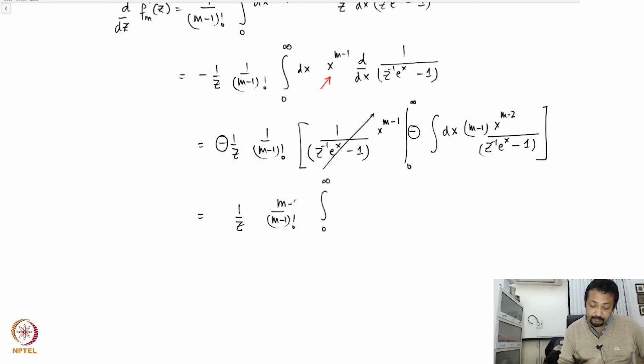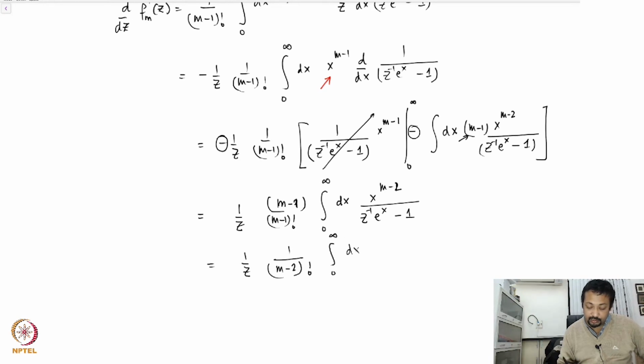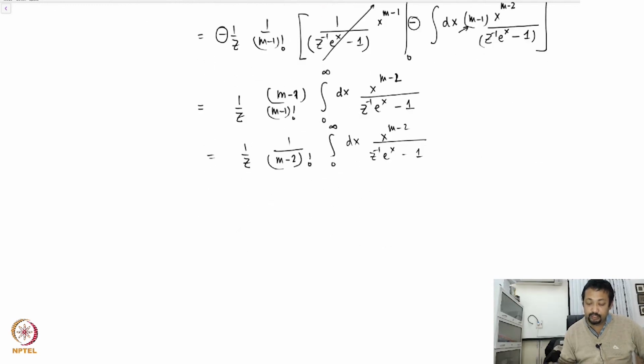I have m − 1 in the numerator, that comes from this, dx xᵐ⁻² divided by (z⁻¹eˣ − 1), and this is 1 over (m − 2) factorial, integral 0 to infinity dx xᵐ⁻² over (z⁻¹eˣ − 1), which surprisingly is f plus m − 1 of z.